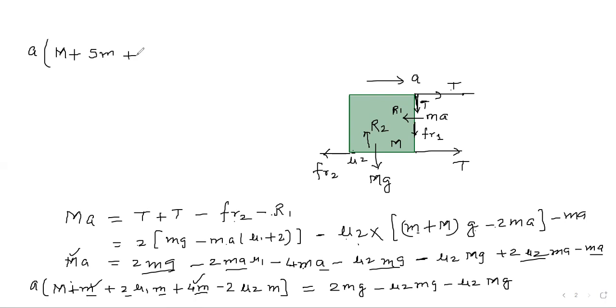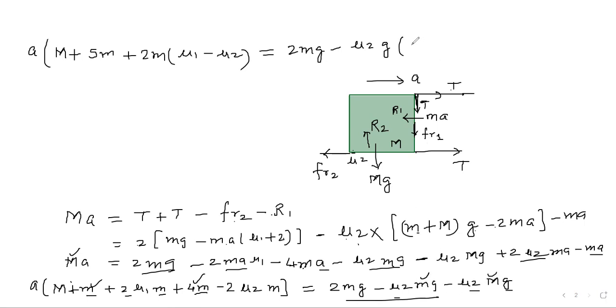So plus 2m times mu1 minus mu2 equal to, on this side, we can write 2mg minus, we can take out mu2g. If we take out mu2g, then inside capital M and small m will be left and both will be positive. So small m plus capital M.